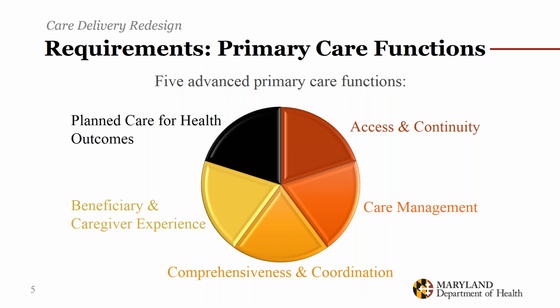Also, nationally, the CPC Plus program was designed to be a multi-payer program. We are beginning with Medicare only, and to a small extent Medicaid for those dual eligible individuals, but we anticipate adding other commercial payers and Medicaid as the program progresses over the next several years.